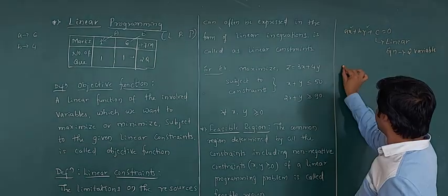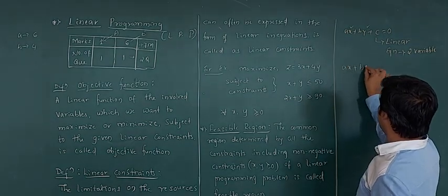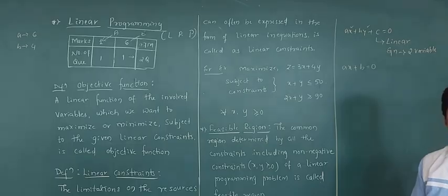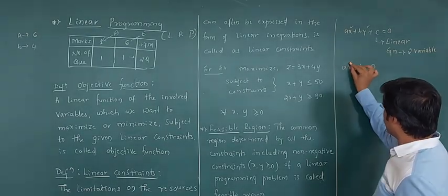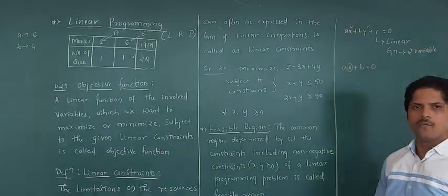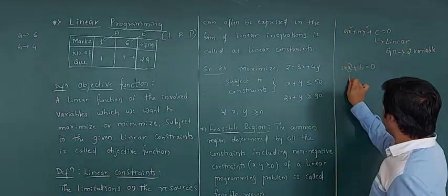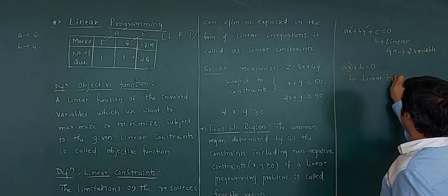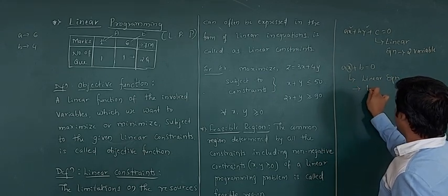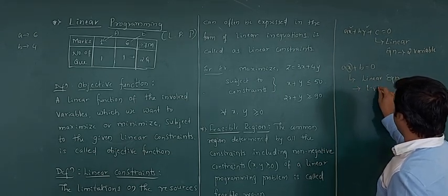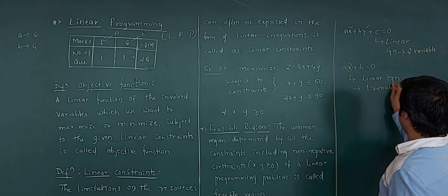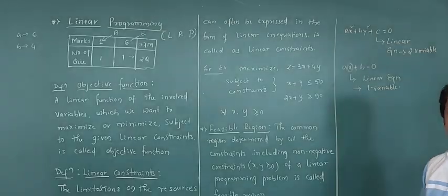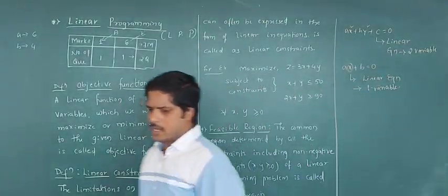As well as ax plus b equal to 0 is also a linear equation, because the power of x is only 1, with 1 variable. So this is the basic definition of linear.